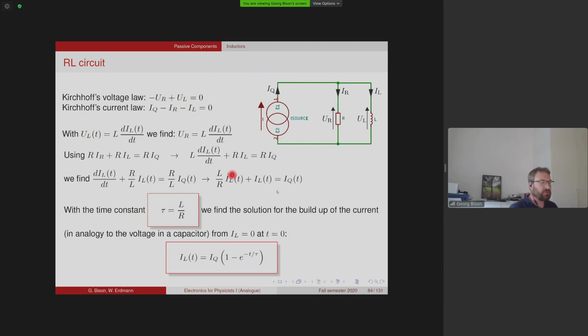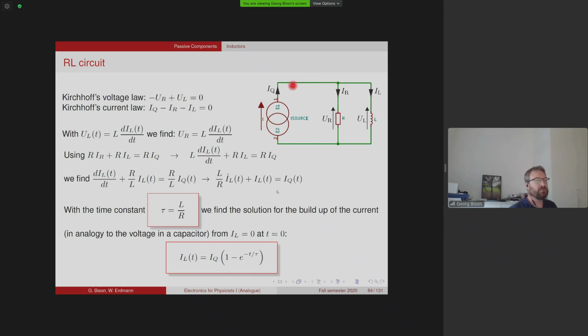In analogy to the capacitor, we define a time constant, and this time it's L divided by R. If we put the time constant here, then it looks exactly like the differential equation for the capacitor, and we can solve it in the same way. So we get a solution that looks like this, and we see that in the case of an inductor, the current also exponentially approaches the source current after a certain time.